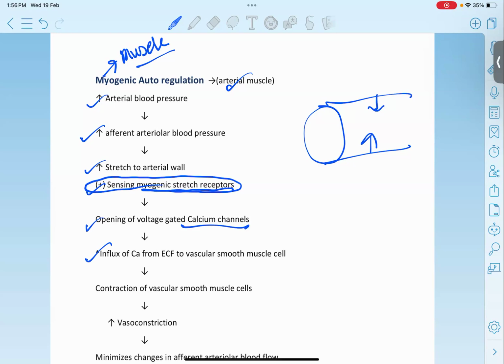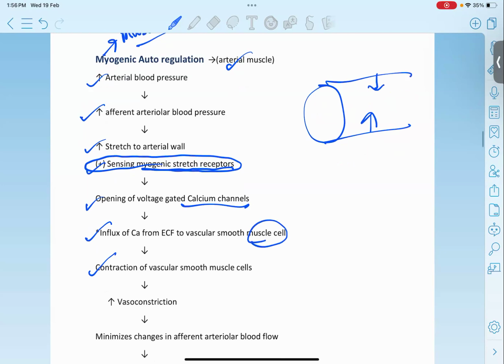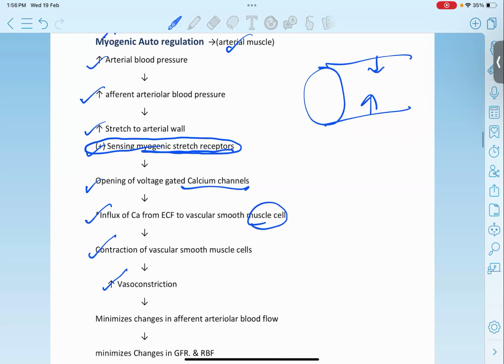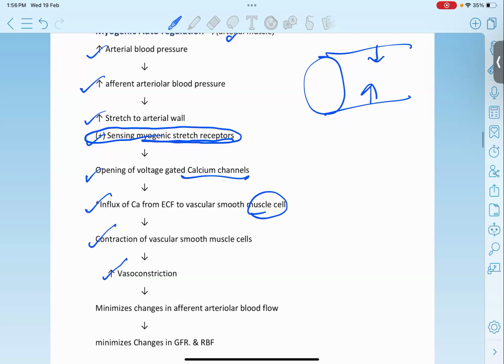And whenever calcium is entering a smooth muscle, that means only one thing: contraction. So there is going to be contraction of vascular smooth muscle, and contraction means vasoconstriction. And if there is vasoconstriction, then that would minimize the changes in the afferent arteriolar blood flow, and minimize the change in GFR and renal blood flow.